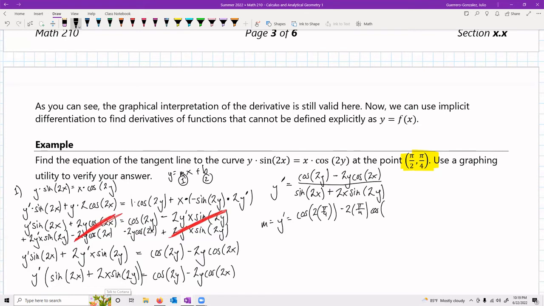Times cosine of 2 times x, pi over 2, all over sine of 2 times x, pi over 2, minus 2x sine of 2 times my y, pi over 4.